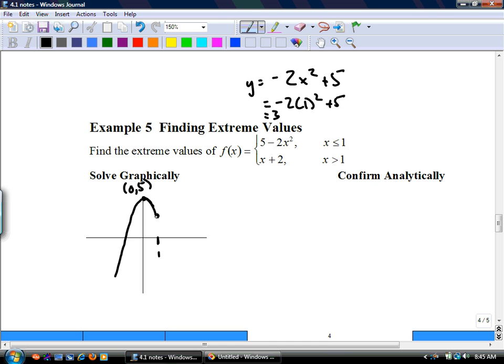So it goes through the point 1, 3. Okay, and now graph the line. Well, it's got a y-intercept of 2 and a slope of 1. So when you substitute 1 in for x, you get 3.